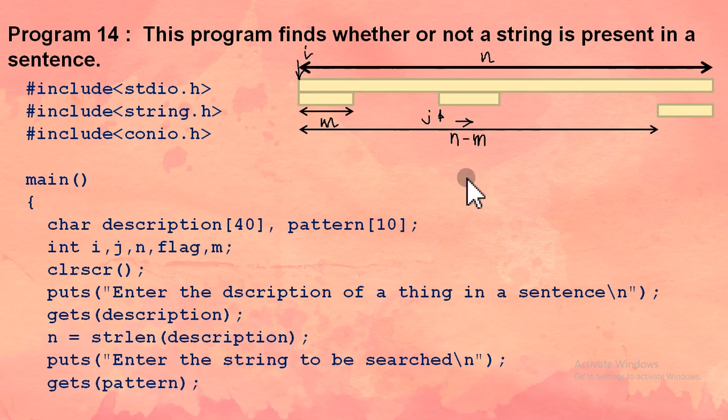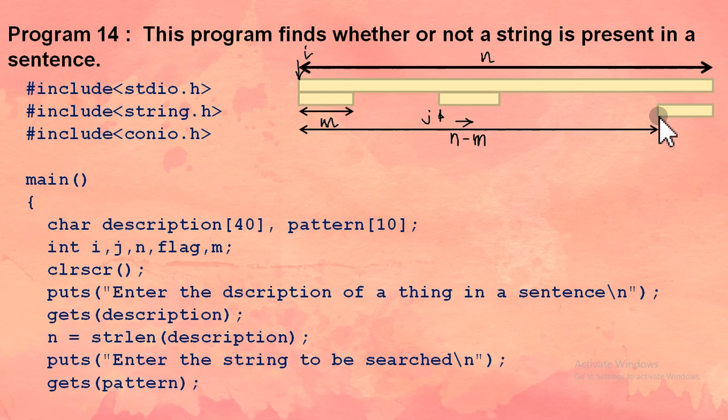Therefore, as far as the length of movement of this particular pattern is concerned, it is n minus m. Therefore, we should start comparing up to n minus m. Okay, i can move till here, of course, but as far as comparisons are concerned, it is n minus m plus 1 for every failure. If failure happens in the very beginning portion only, then it has to stop over there.